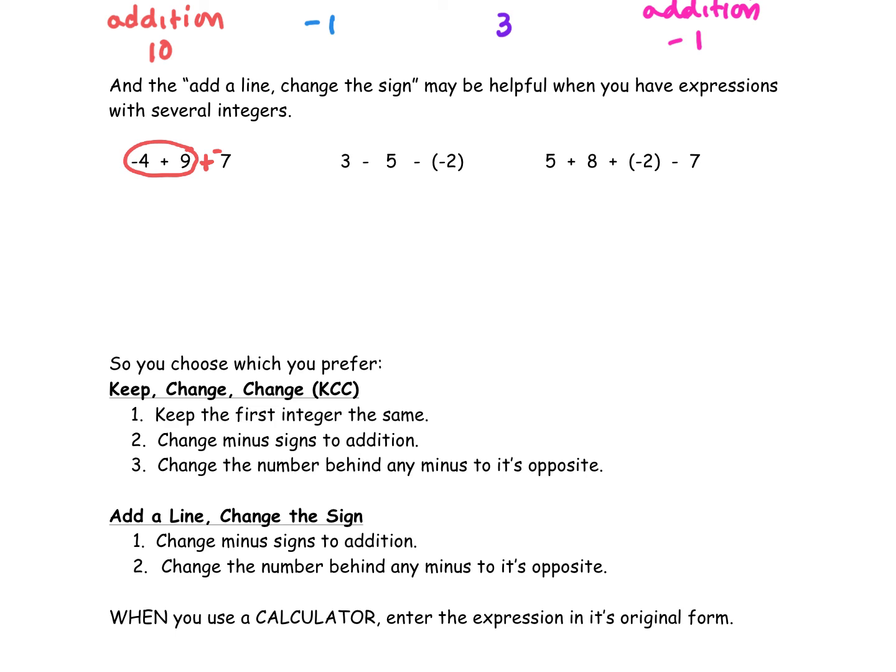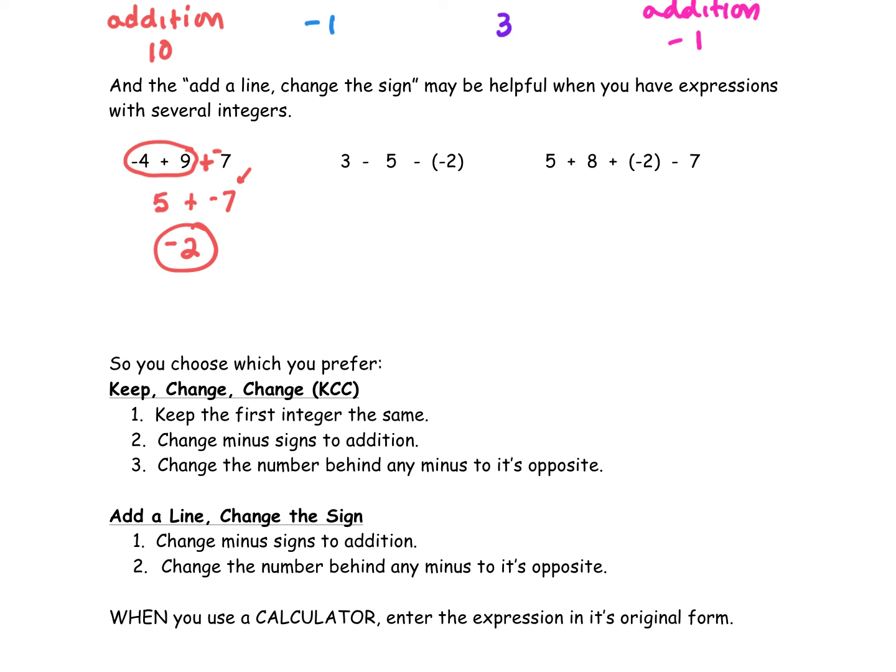I subtract because they're different signs, and the highest absolute value number is positive. Then I'm going to drop down the number I didn't use. And now again, I subtract because they're different signs. So 7 take away 5 would be 2. And I'm going to keep the sign of the number with the highest absolute value. So this answer would be 2.